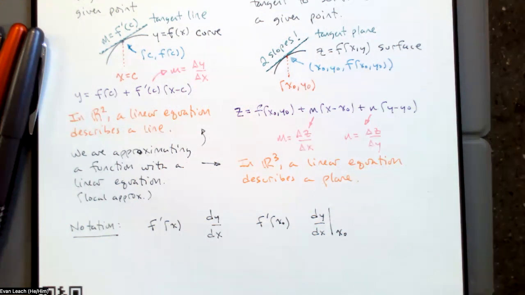Our prime notation is really good for functions, showing that we're plugging something in. Our Leibniz notation, not so good. Our Leibniz notation, really good for showing what the slope is, showing the derivative as a slope. Change in y divided by change in x, only instead of delta, we use a d because it's really tiny change in y divided by really tiny change in x.